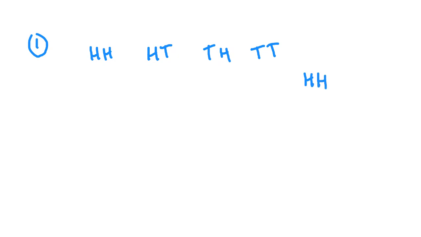So to help you with MATLAB assignment 3, the first exercise, we'll have HH, HT, TH, and TT across the top, and then HH, HT, TH, and TT down the side.